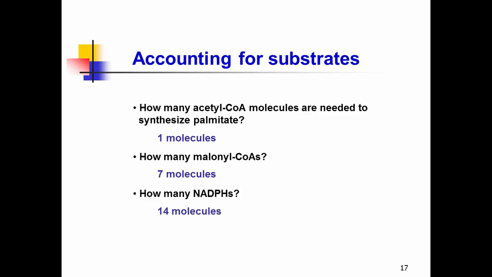So 14 molecules of NADPH. So just think about the process and how to calculate, because maybe in the test we change the carbon length and ask you a similar question, so you'll be able to calculate.